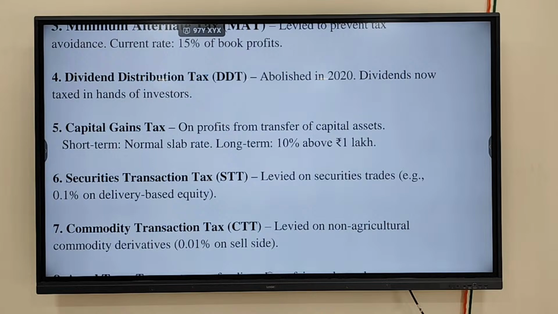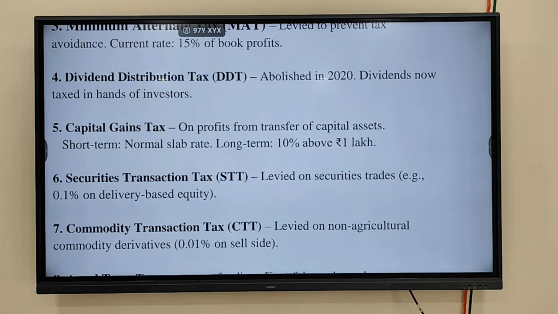Did I dictate you or not? Capital gains tax, short term and long term. I have told you, it is equivalent to the normal income tax slab. If the asset has been sold within 36 months of owning it, in this case, the tax will be similar to the normal income tax slab.